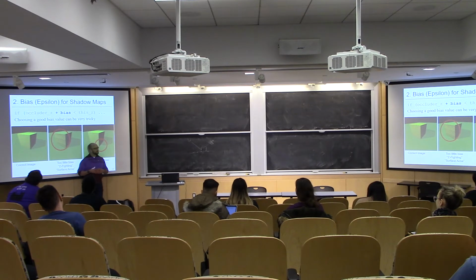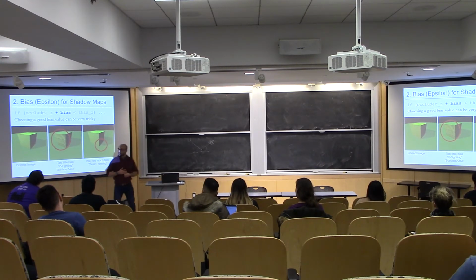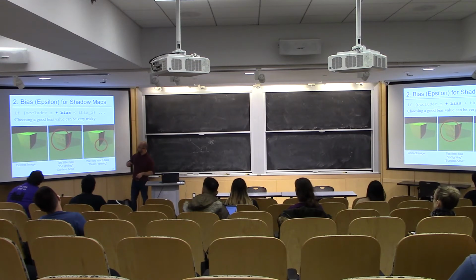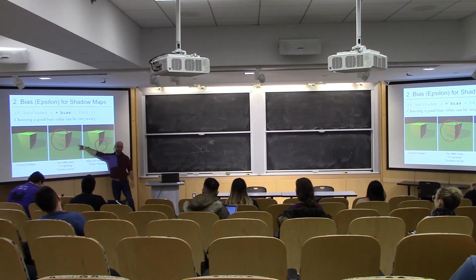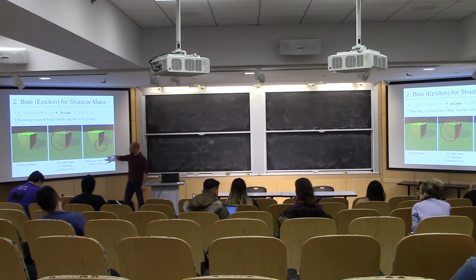So now I make my epsilon bigger. For a while I'm happy. And then what can happen here? Well, if I make epsilon too big, what's going to happen? Now I'm not going to shadow enough. And indeed, if you look at your shadow, notice there's a little bite out of it in the bottom corner. This is obviously exaggerated.